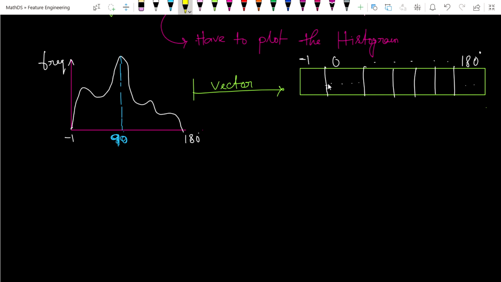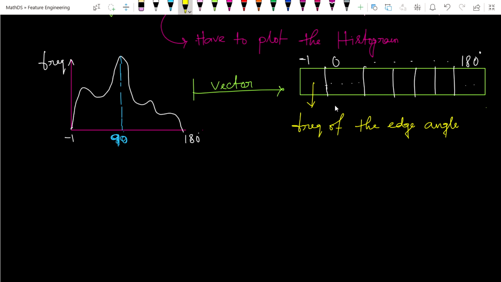Each cell contains the frequency of the edge angle. Okay, these things are edge angles. It will be the frequency of it. So this is the simple feature vector.